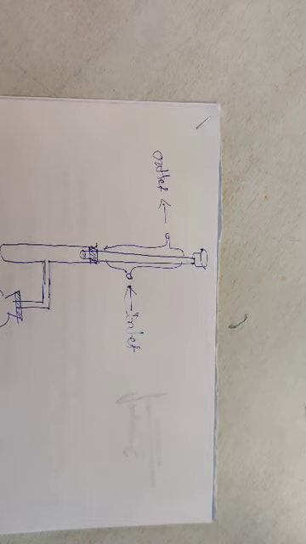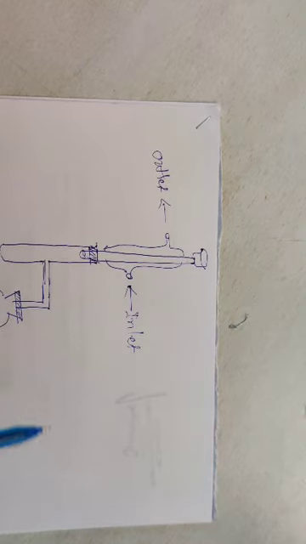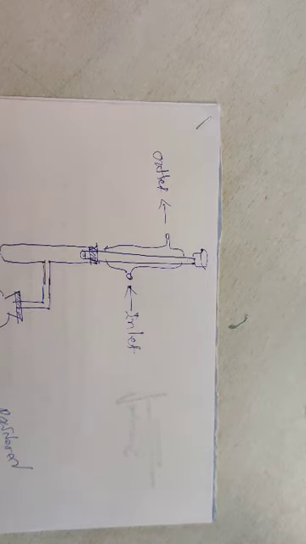So in this round bottom flask, we should take the finely ground, powder form of the sample, about 25 grams, as I said earlier. Now this mouth is connected to the bent pipe of this.